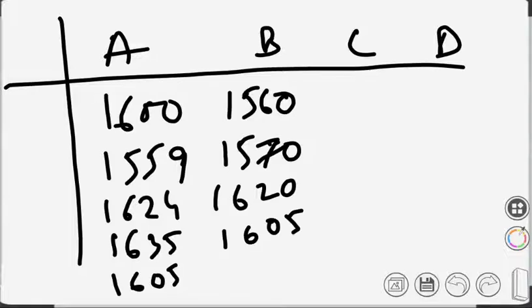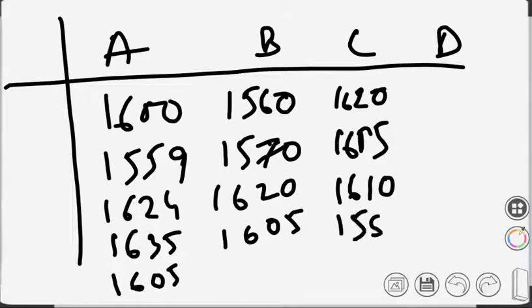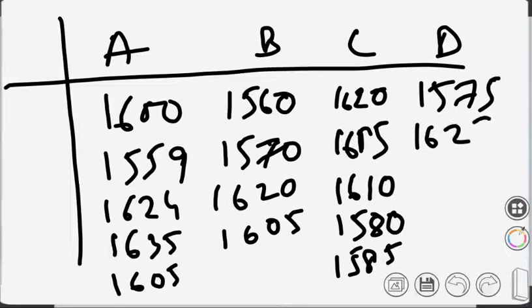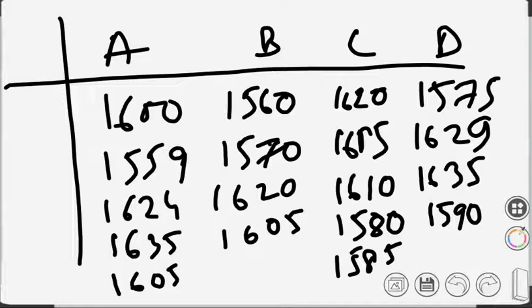For C, again there are five chosen, and the values are like 1620, 1610, 1580, 1585, like that. For D, again five tires are chosen. It is like 1575, 1629, 1635, 1590, like that.